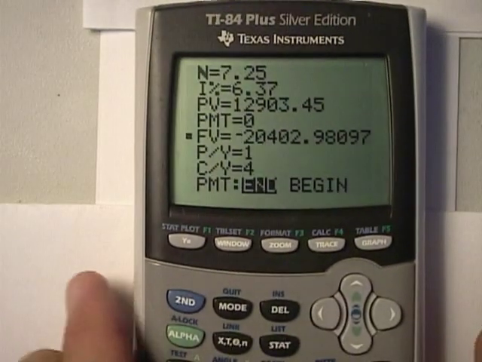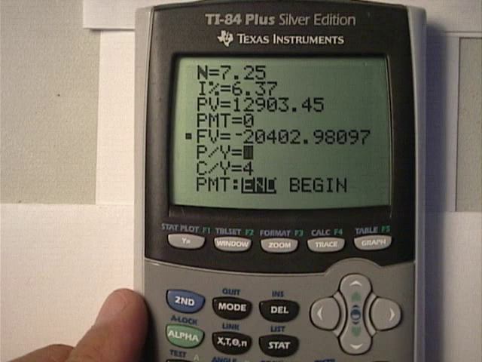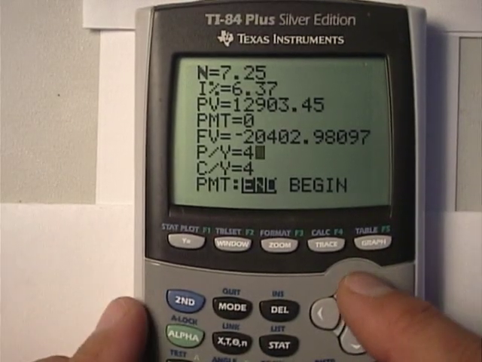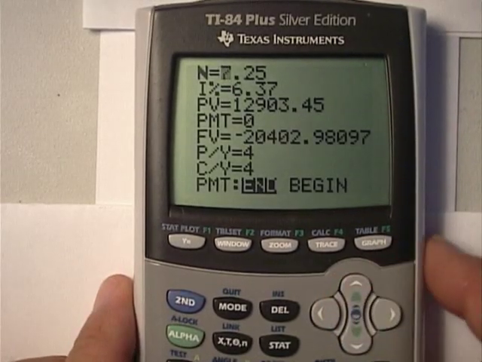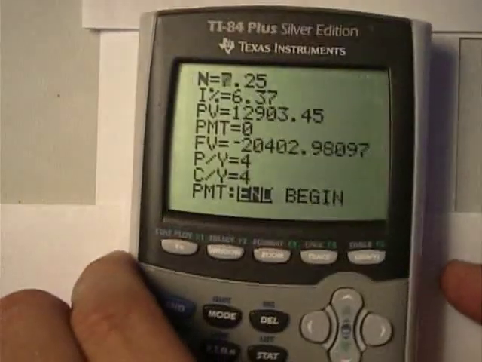But there's an alternate way to do it, which is if you set the payments at the same number, which will be the case when you start doing annuities, for example, then you're forced to put in the number of periods up here. And in this case, they gave it to us, 29 quarters.